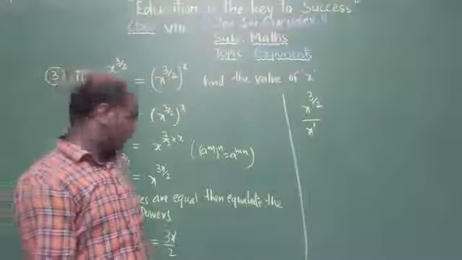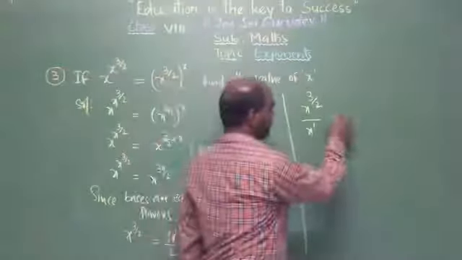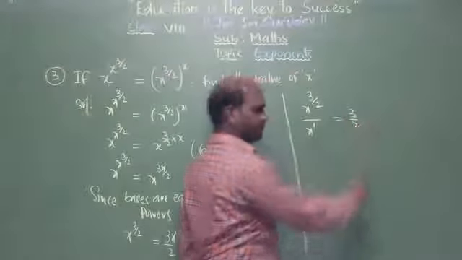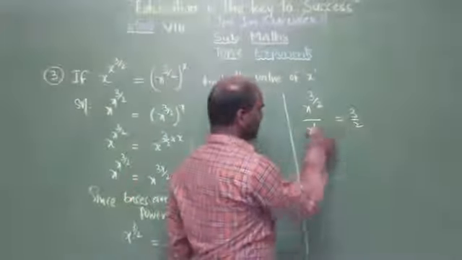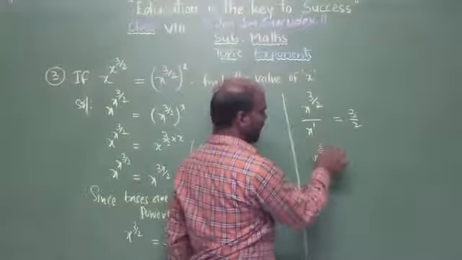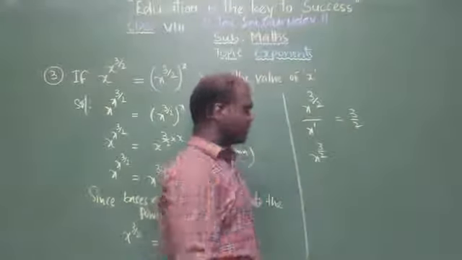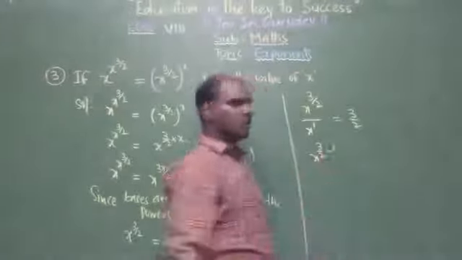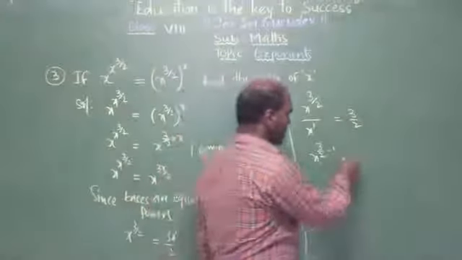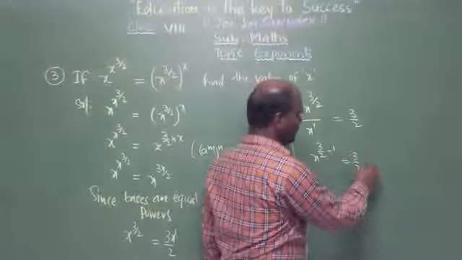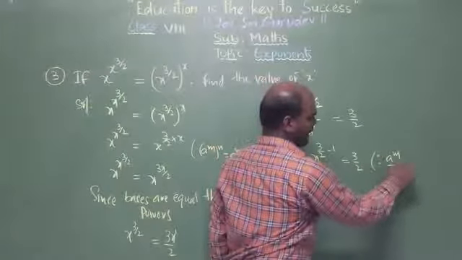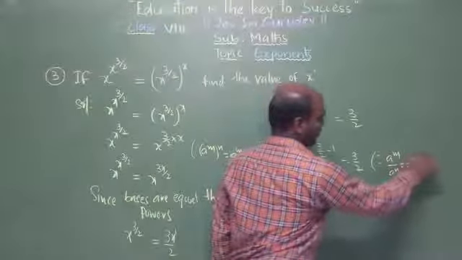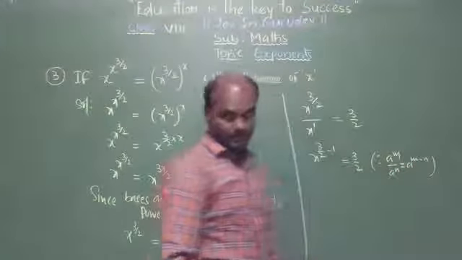So it equals 3 by 2. Based on which formula? a power m by a power n is equal to a power m minus n. Yes or no, children?